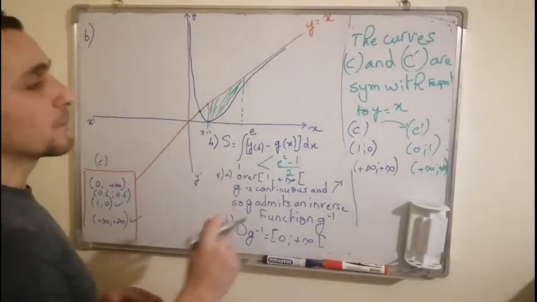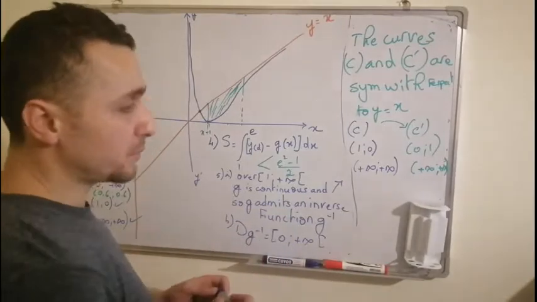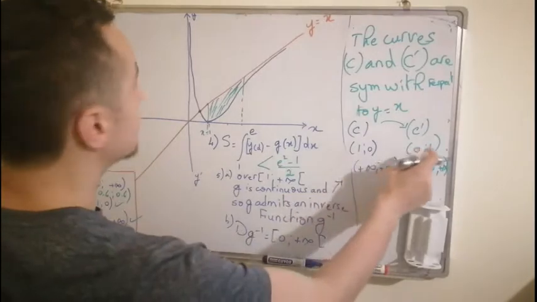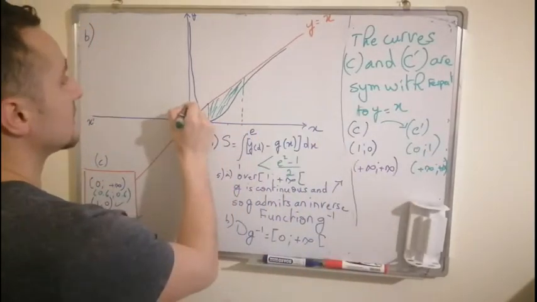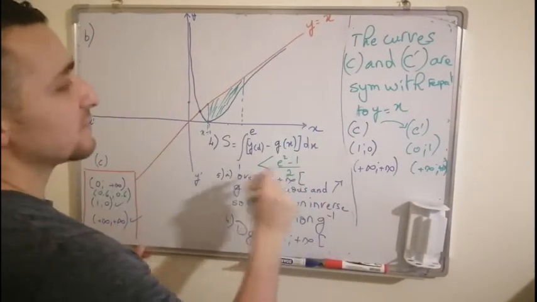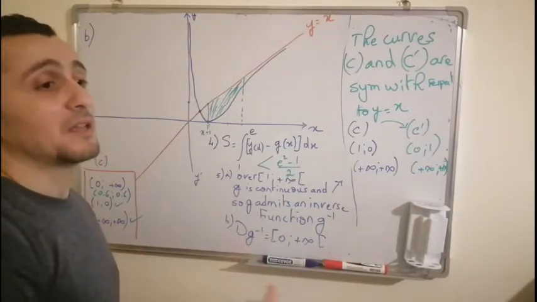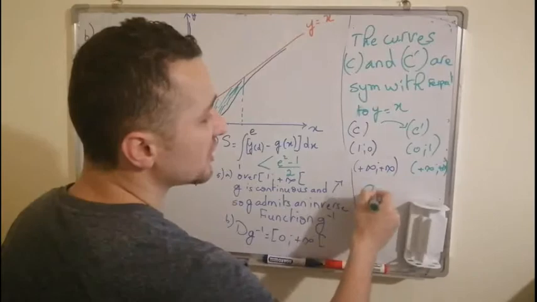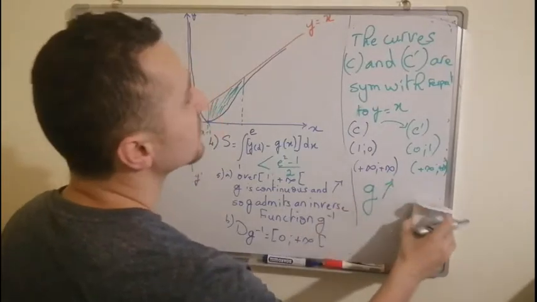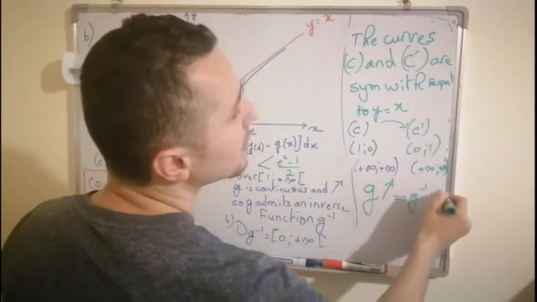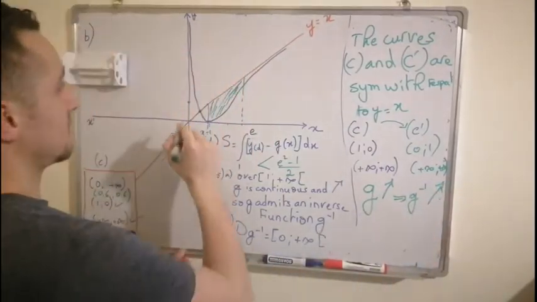So we have to draw two points. The two points are (0, 1), abscissa 0, ordinate 1, and plus infinity. We remark that the function g is increasing, so g minus 1 is also increasing.